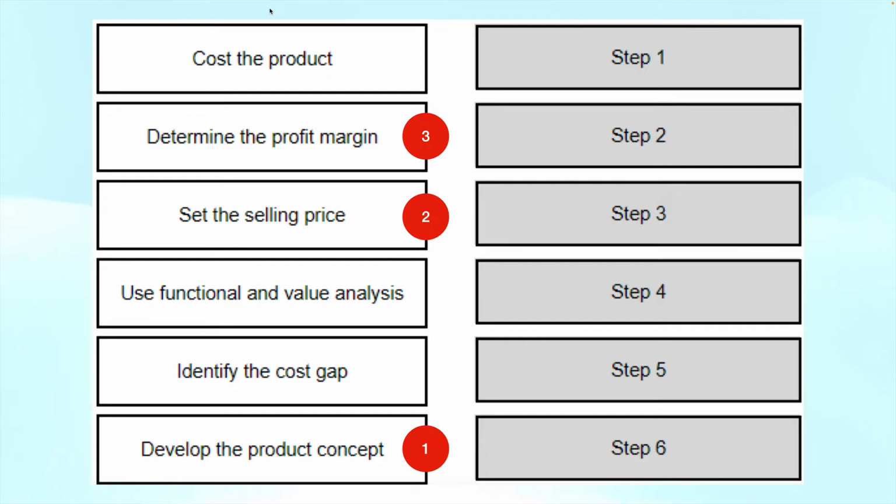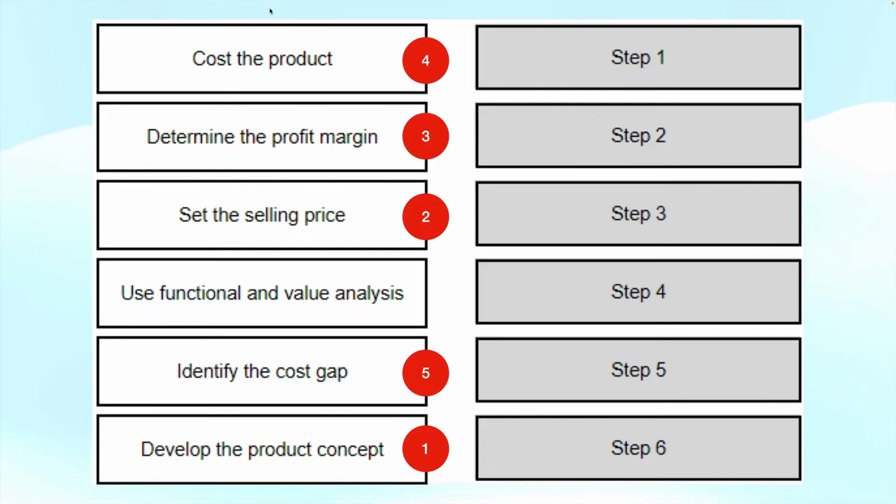Then I can cost the product. And it might be that, blimey, the costs aren't very much. So I have to identify the cost gap between what the costs are now and what I want them to be.